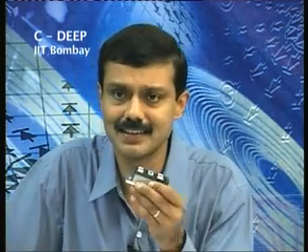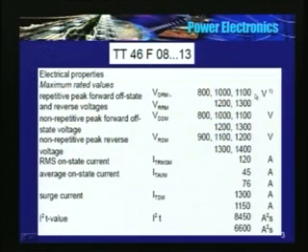So, the rating of this thyristor is given here. I downloaded this data sheet from their site. See, 46 F stands for fast, 08 till 13 stands for the various voltage ratings. If it is 08, the voltage rating is 800 volts.